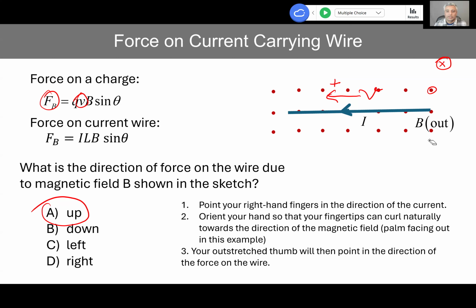So that means curl your fingers towards you. You can curl your fingers towards you only if you orient your hand with the thumb pointing up in this case. Your palm should be facing towards you. If your palm is facing towards the screen, your thumb is pointing down. That would be the case if the field was going into the screen. If the field was going into the screen, then the palm should be facing away from you, just like you see my hand. This palm is facing away from me, and the thumb is pointing down now. You see that?